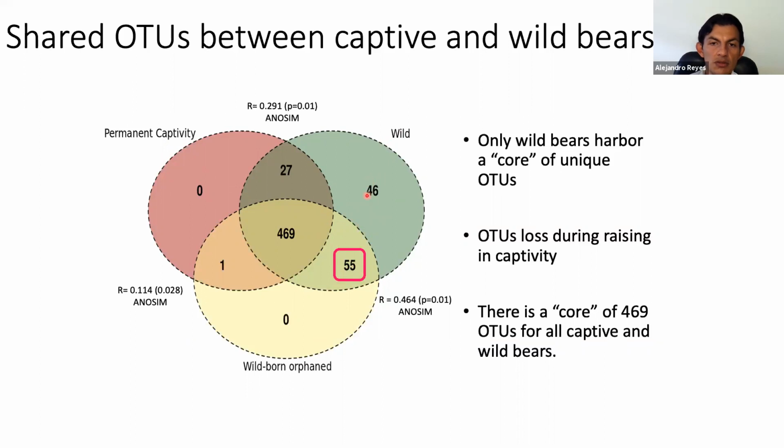There are some unique OTUs for the wild, suggesting that the wild still have more diversity than the captive ones. And those are the key microorganisms that are being lost as the diversity decreases in the captured individuals.